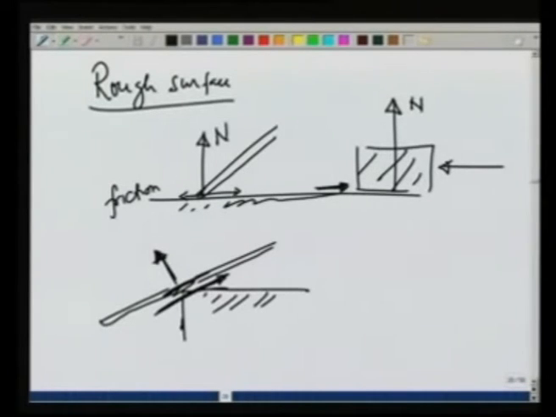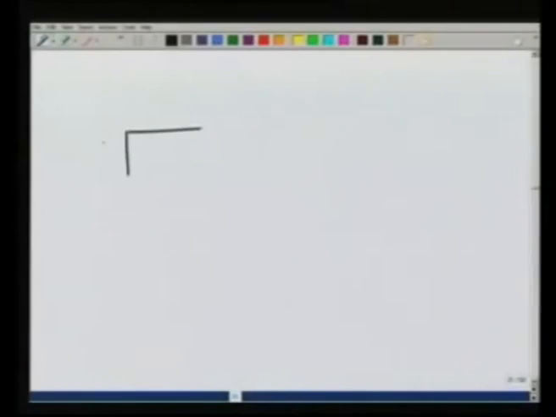Recall the example that we did earlier, where we had a brick on which I had a rod and I was trying to lift a weight like this, which applied a force downwards of 1000 newtons here. We realized that without the roughness here, the rod would tend to slip.